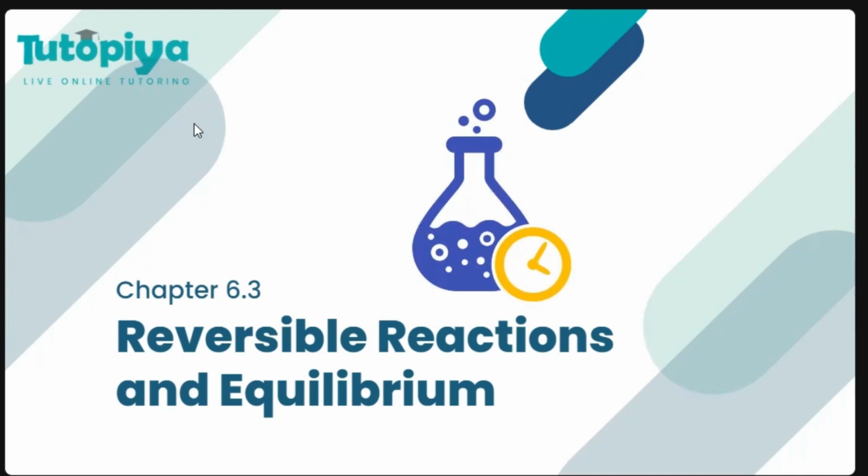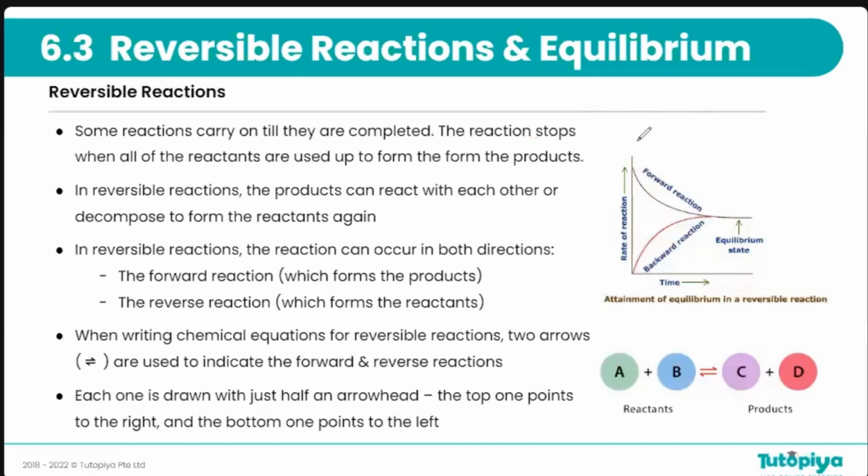Hello everyone. Today we will be discussing a topic from IGCSE Cambridge Chemistry, lesson Chemical Reactions, topic Reversible Reactions and Equilibrium. Up until this point, when we talked about chemical reactions, we talked about mostly irreversible reactions, where two or more reactants react together to make one or more products.